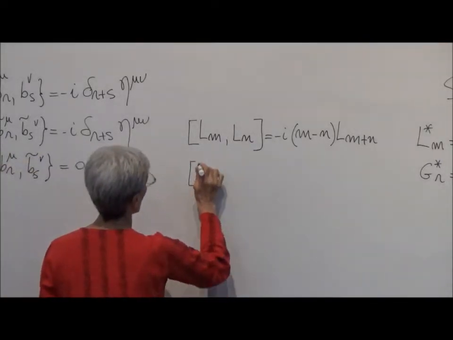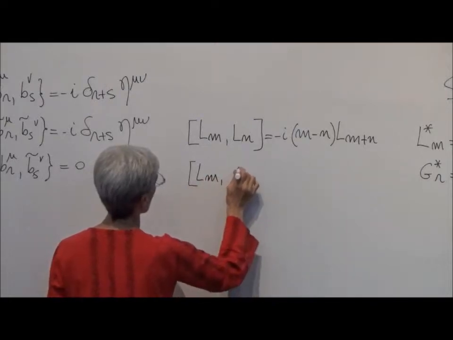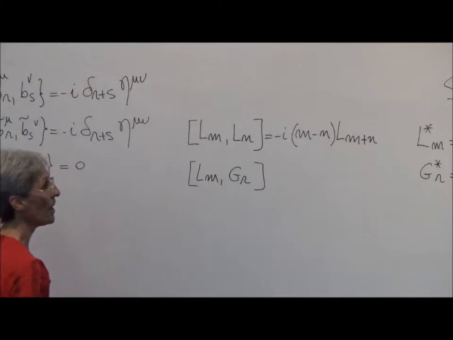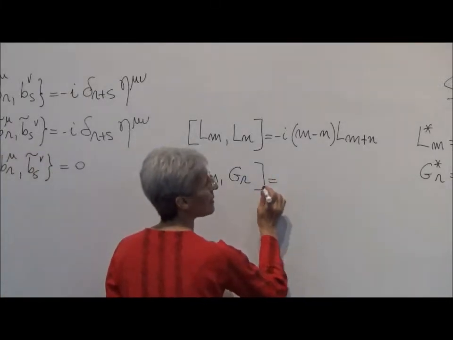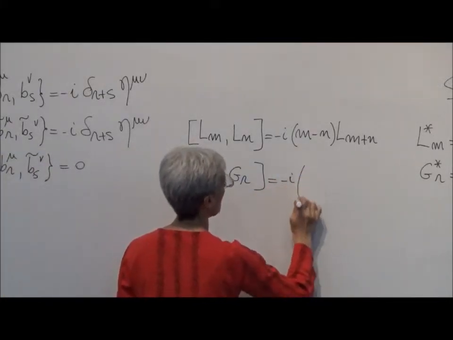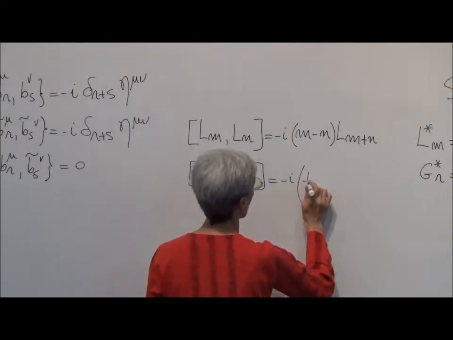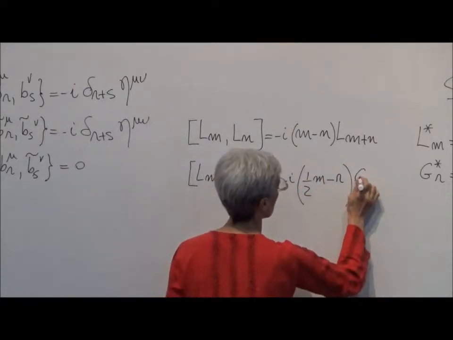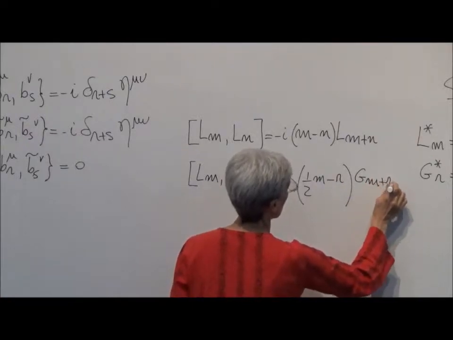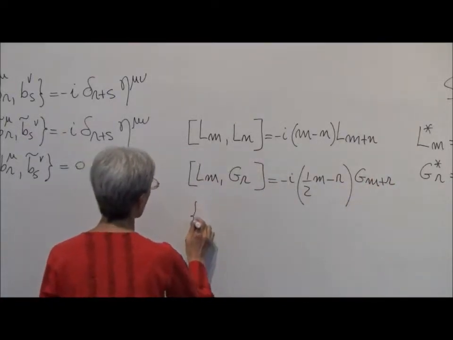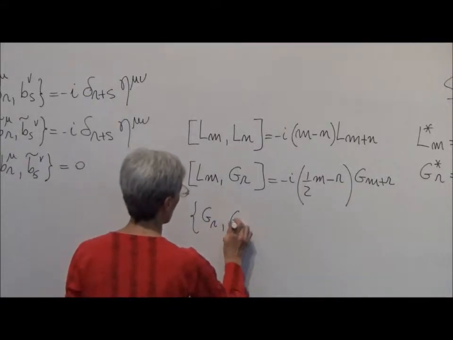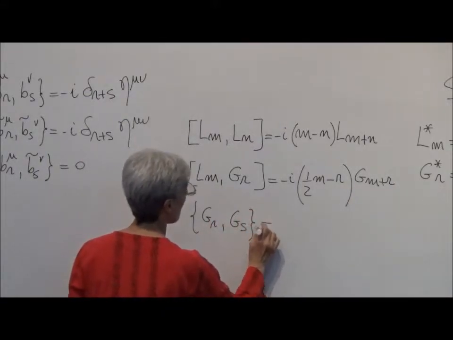But now we have to compute also the commutator of the Lm with the Gr, and the anti-commutator of the G's, since G is fermionic.